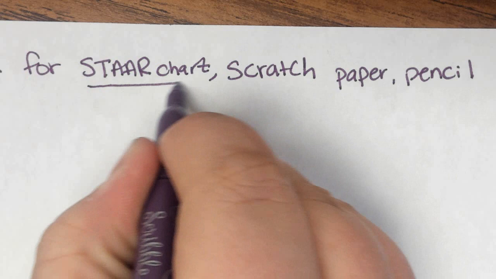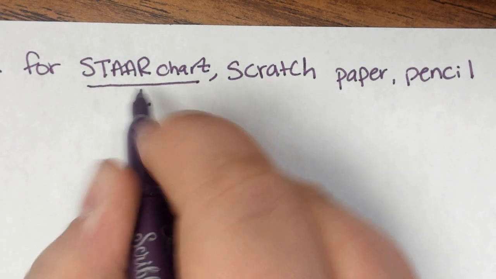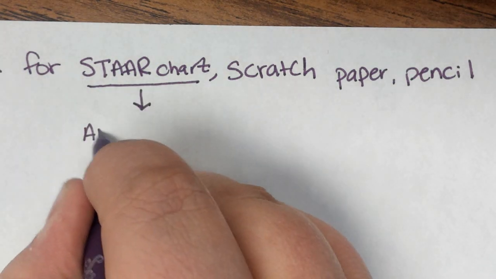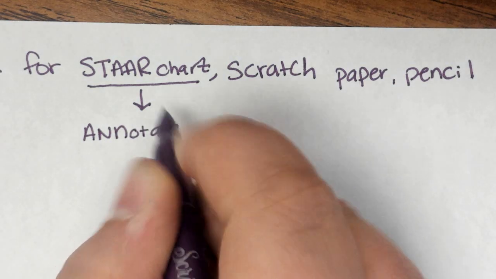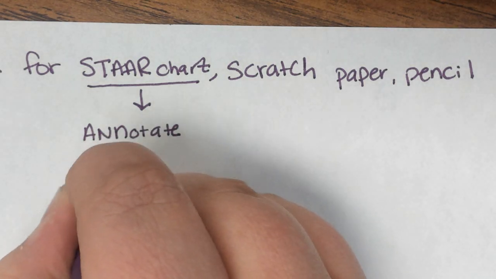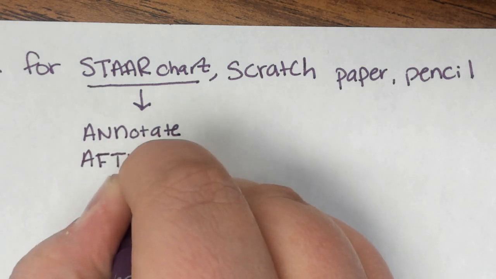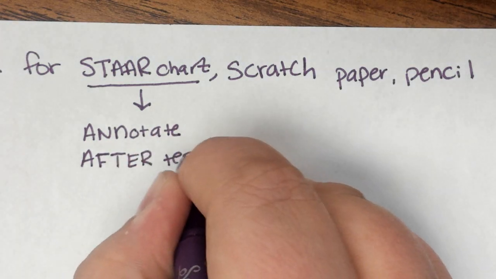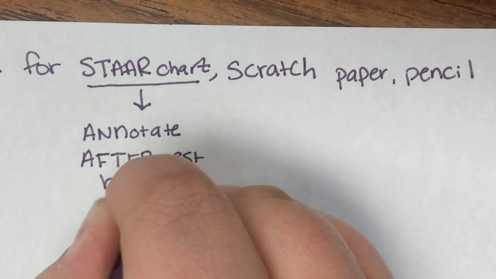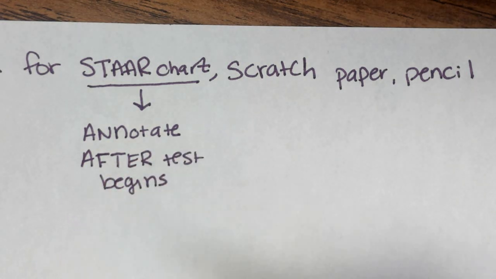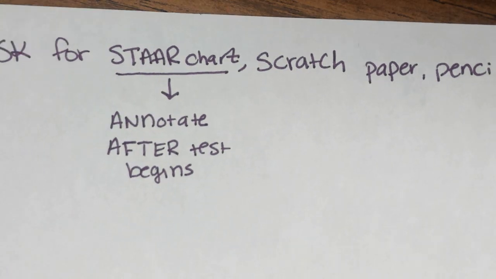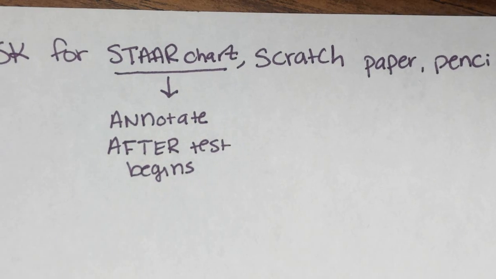Students should not be annotating the STAAR chart until after the test has started. So we can annotate the chart after the test has started. It may count as an irregularity if the student begins before the test has started, and an irregularity could result in maybe not scoring the test. So we don't want that to happen.